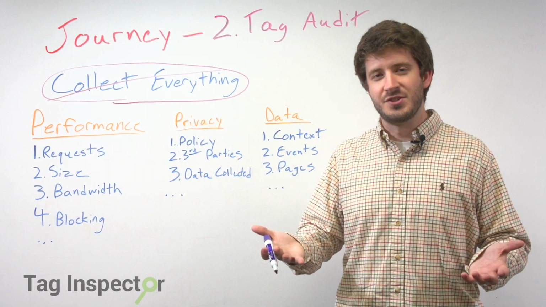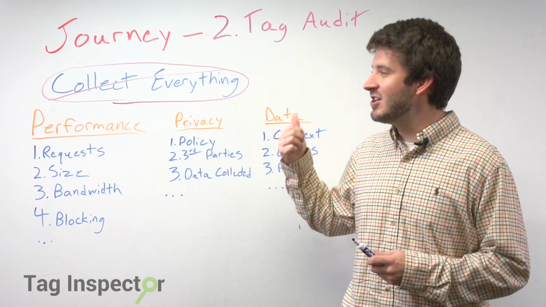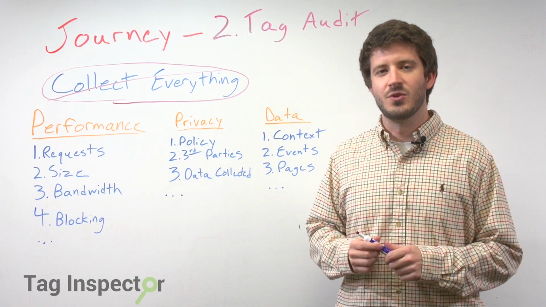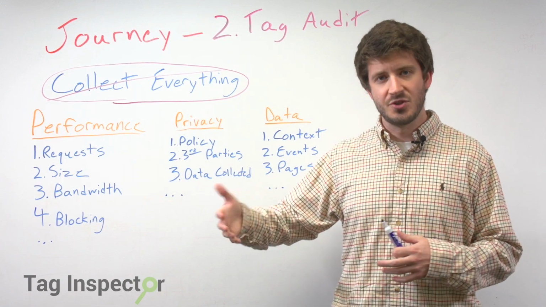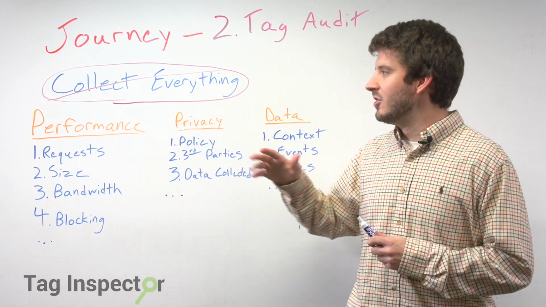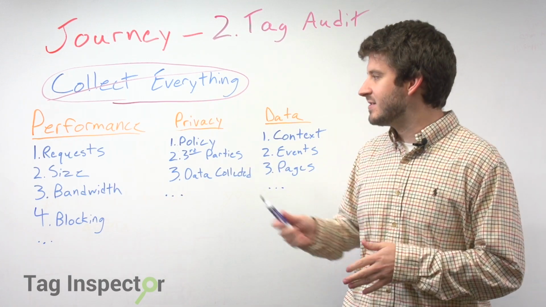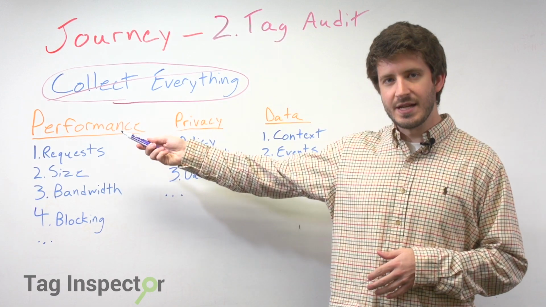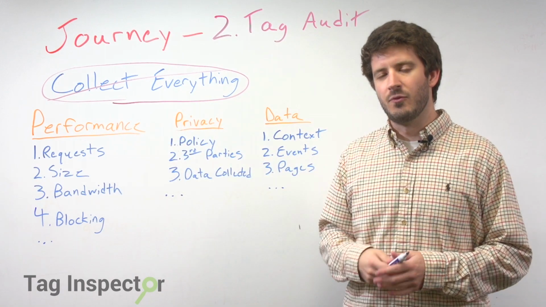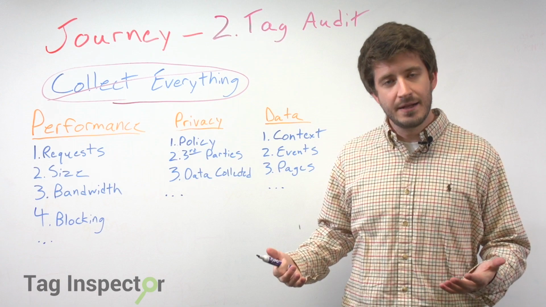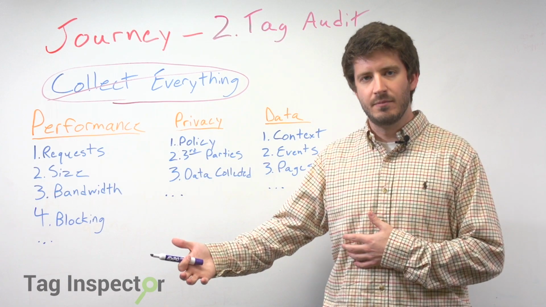Because you've been watching our series and you've already defined your business goals, you're starting with the end in mind, so you're going to know specifically what you want to address. Is your use case more around performance, wanting to optimize the user experience on the website and how tags play into that?